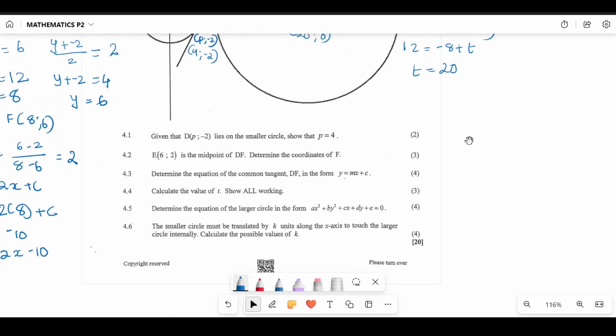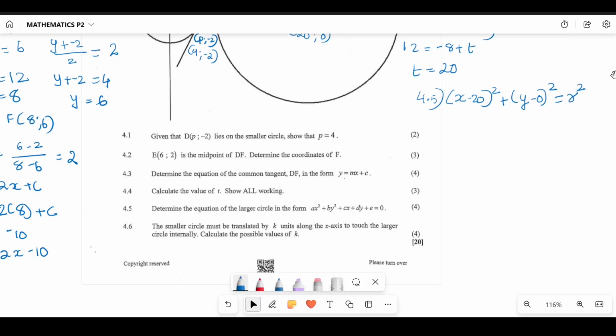For 4.5, the equation is (x minus 20) squared plus (y minus 0) squared equals r squared. Now we need to find r squared.